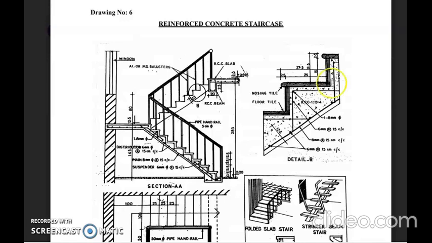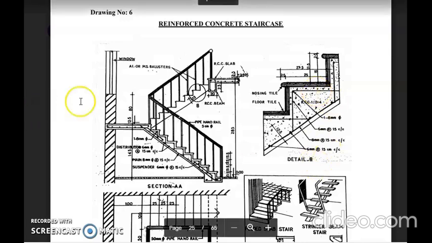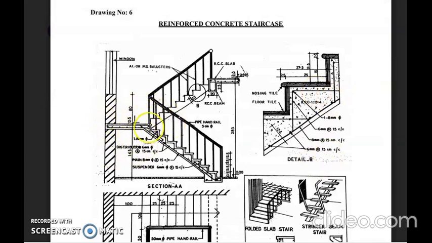And the other terms are landing. Here this part of the stair is called landing, a horizontal platform. It is provided in between two flights, or at an intermediate floor height or at the top of a floor height.